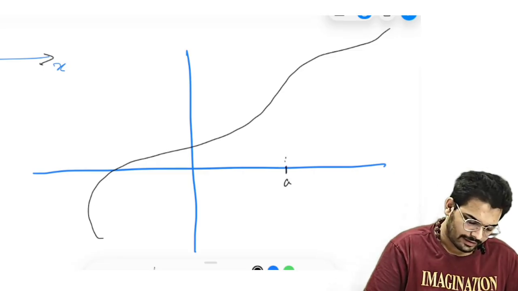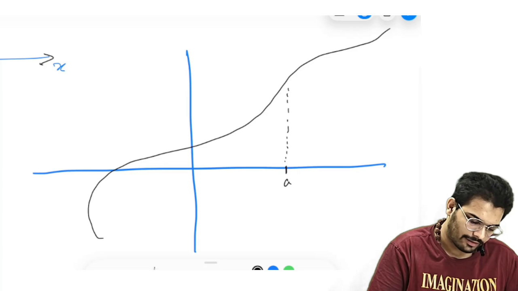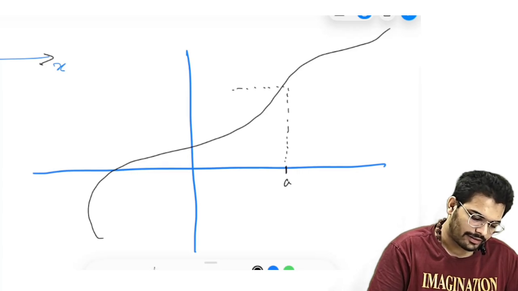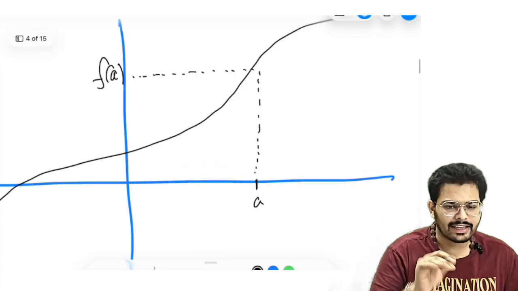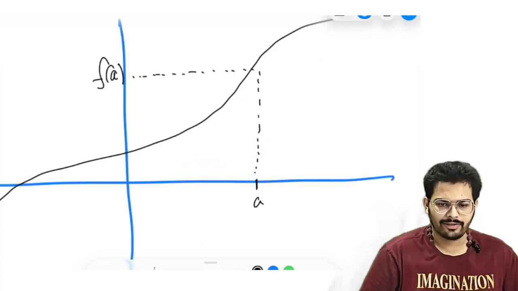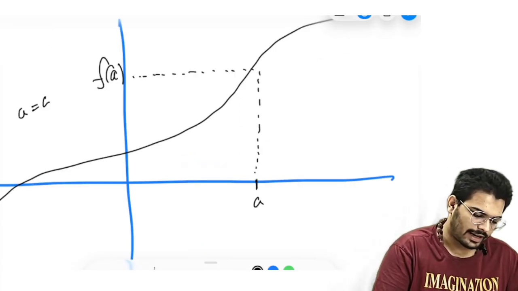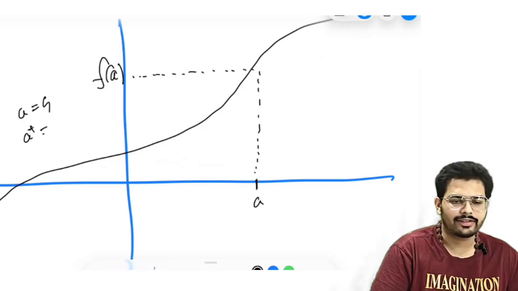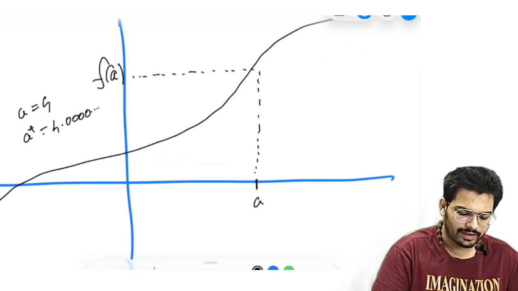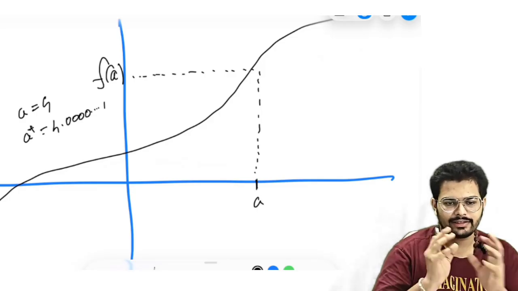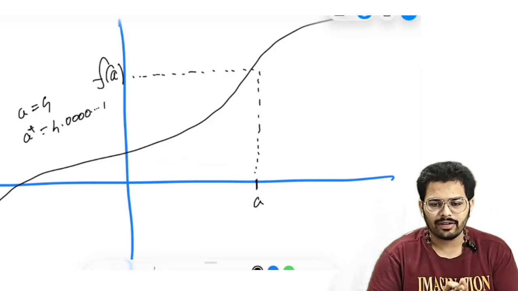Then for x equal to a, there will be a corresponding value f of a. Now if you are going a slight increment, for example, if a equal to 4, the slight increment, we will call it a plus, will be a value that is 4.00000 etc. with an infinite number of 0s and then 1. That is a slight increment only, a number closer to a.